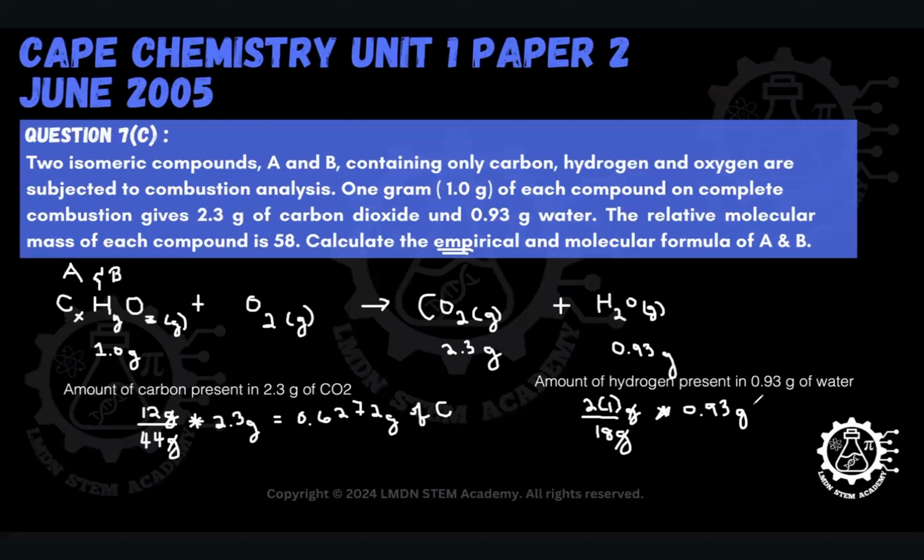And it turns out that that number is 0.1033 grams of hydrogen. Again, if we're ending up with 0.1033 grams of hydrogen in this sample, it means that it all came from over here.